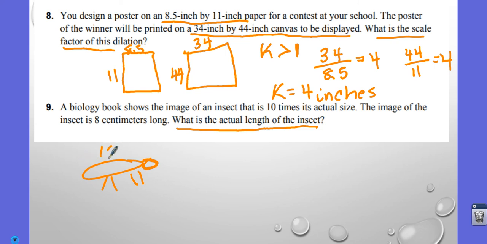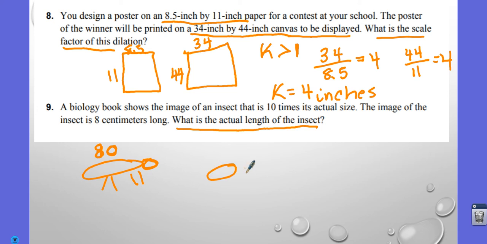So it's 10 here. And the image of the insect is 10 times its actual size. So that means this is actually 80. It says the image of the insect is 8 centimeters long. Maybe I should draw this a little bit smaller since it was only 8 centimeters long.